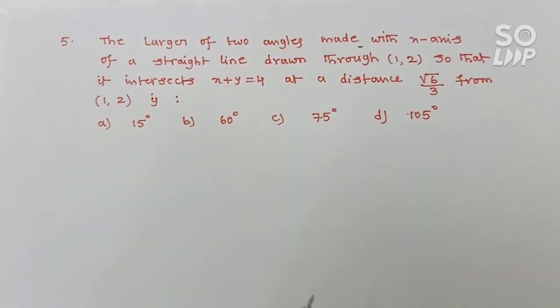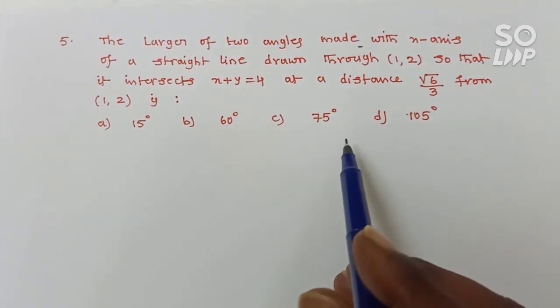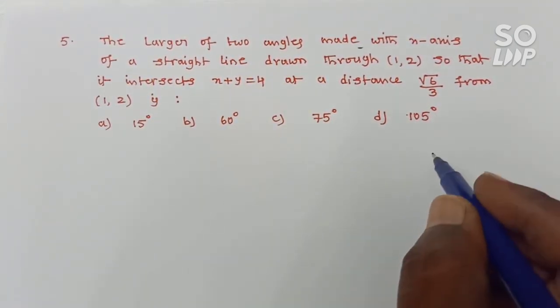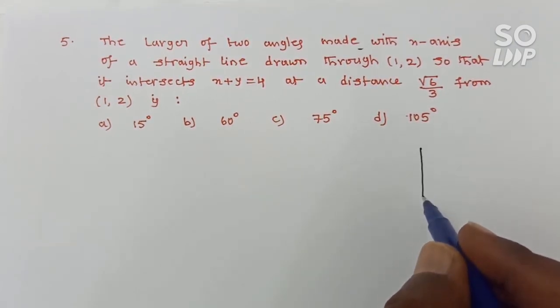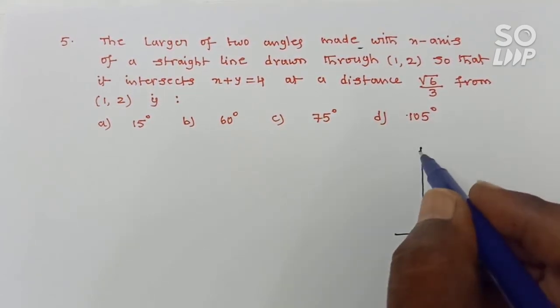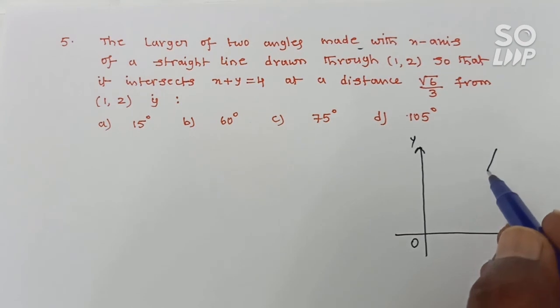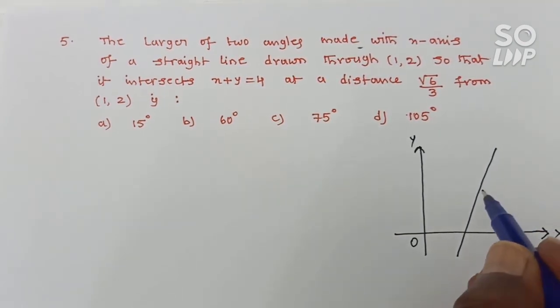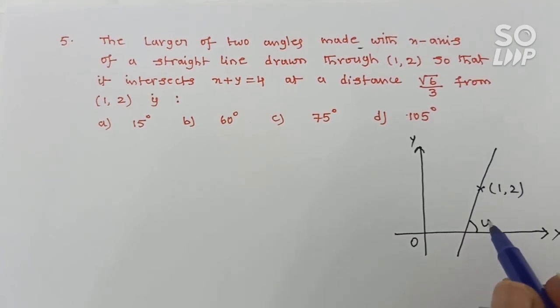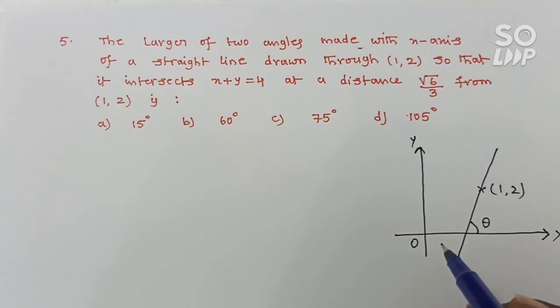In the previous problem you found the distance r value, but in this one you have to find the angle, in particular the larger of the two angles. As usual you take the figure; by drawing the figure you can understand the problem very easily. Here the line is passing through the point (1, 2), and let the angle be theta.